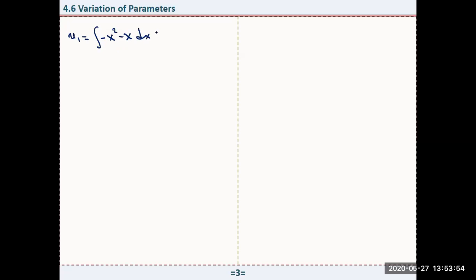With respect to dx, which is equal to minus 1 over 3 x cubed minus 1 over 2 x squared. And we don't have to write this constant. All right. And in a similar way, how about u sub 2? That's equal to the integral of x plus 1 dx, which is equal to 1 over 2 x squared plus x.